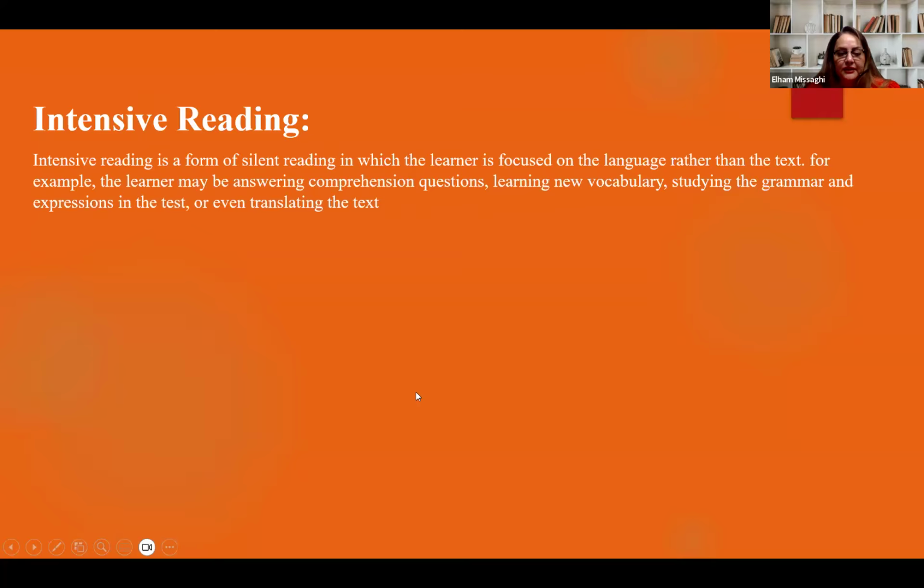In intensive reading, it's a form of silent reading. You know, in real life, we usually read everything silently, correct? If you want to read it for a group, that's a different story. But for yourself, you read it silently. Even if you read it aloud, when you want to talk about it, you have to go through it again.